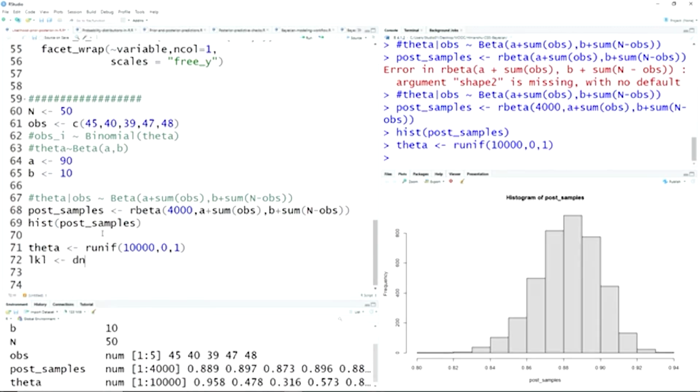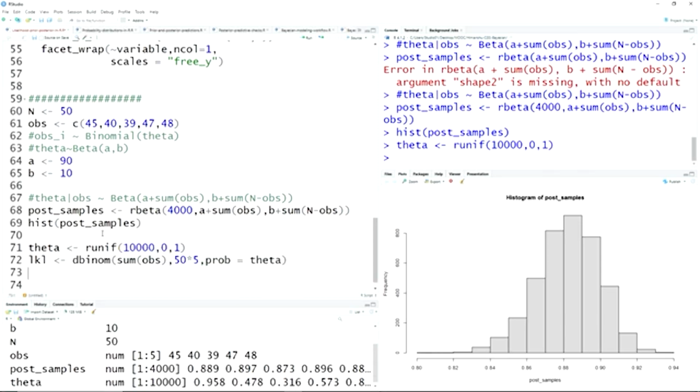So what would be the likelihood? dbinom of the observed data. Another thing you can do is the sum of the observed data, and the sample size would be now 50 into 5, and the probability parameter will be theta, the vector of theta.